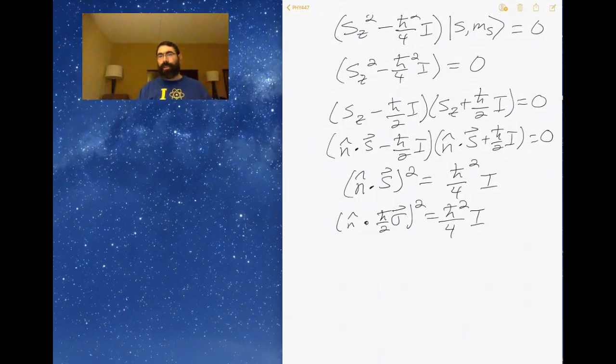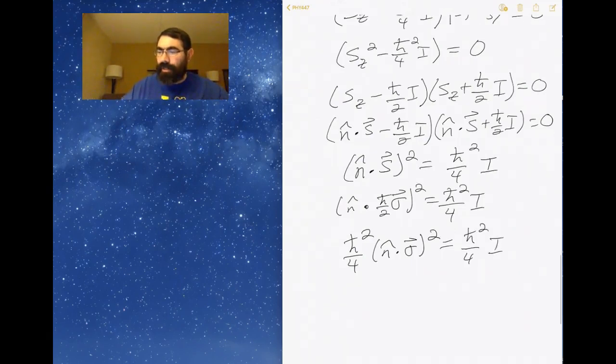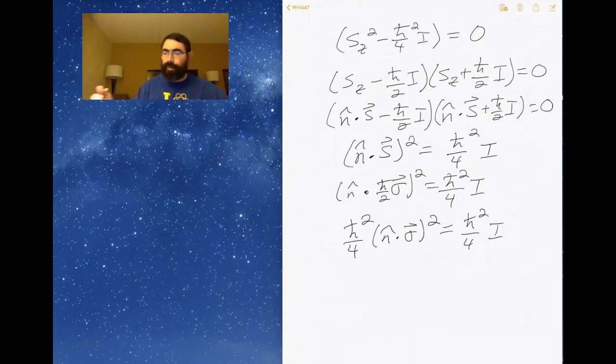And if I now factor out the h bar over 2 and square it, I get h bar squared over 4 n hat dot the Pauli spin matrix squared is equal to h bar squared over 4 times I. Divide both sides by h bar squared over 4, and you get n hat dot Pauli spin matrix squared is equal to I.